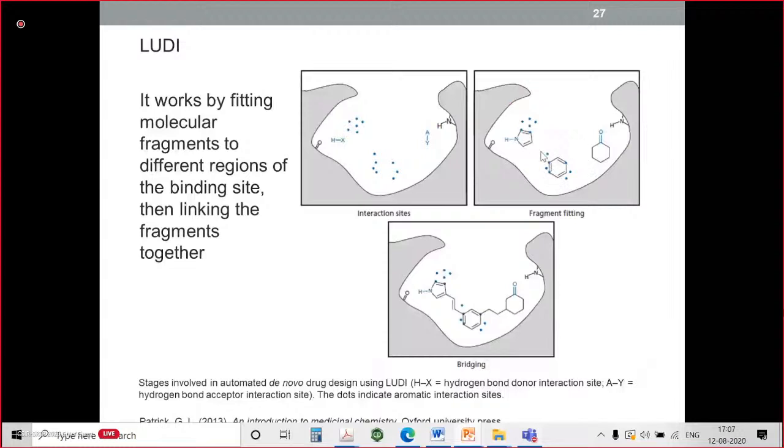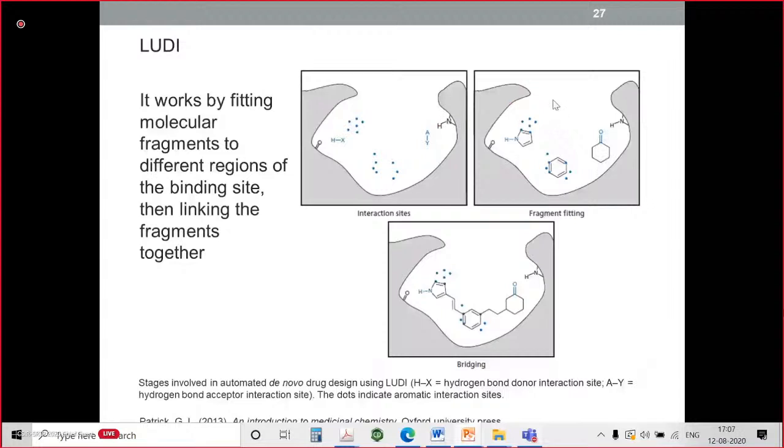Same for the hydrophobic, then you have to put the similar hydrophobic fragment. And vice versa for the hydrogen bond donor, you will be fitting the fragment which is containing the hydrogen bond donor.